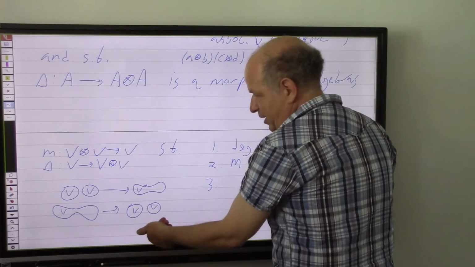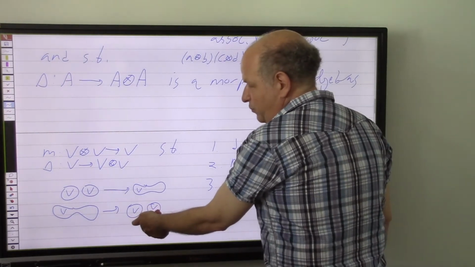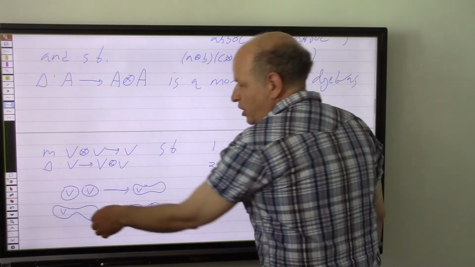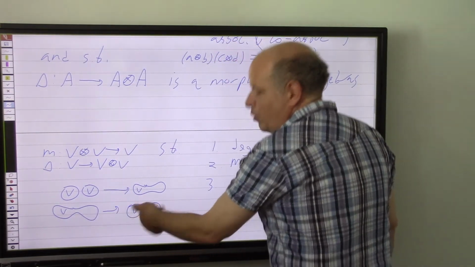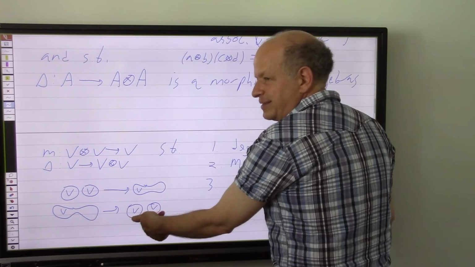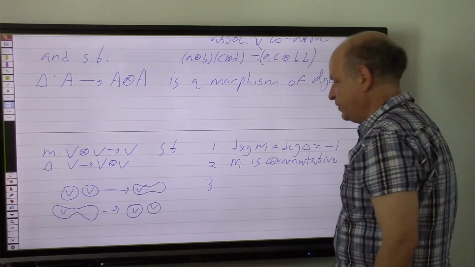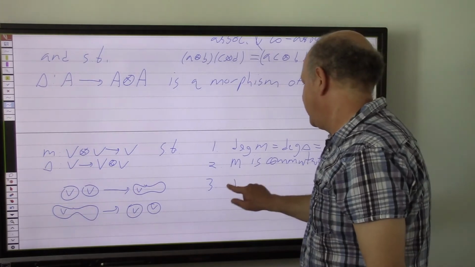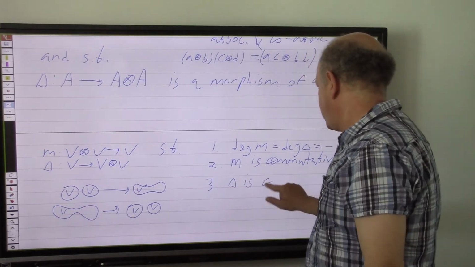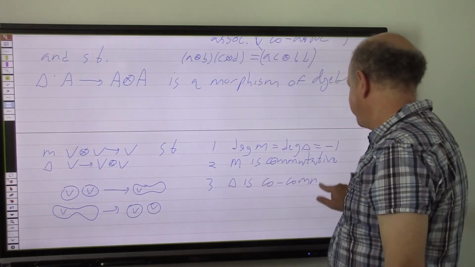So delta should give the same output. Whatever output it gives, if you swap the two tensor factors of V tensor V, you should be getting the same thing. So delta must be co-commutative.